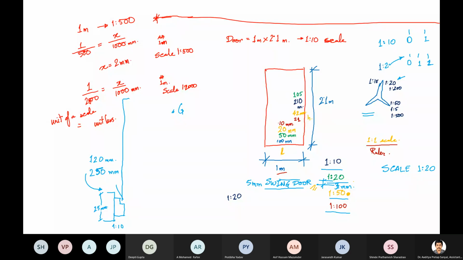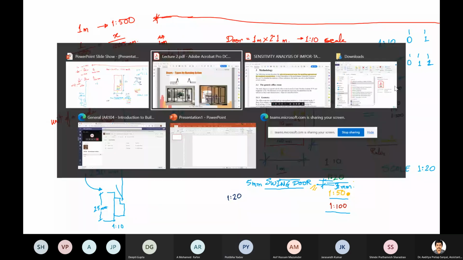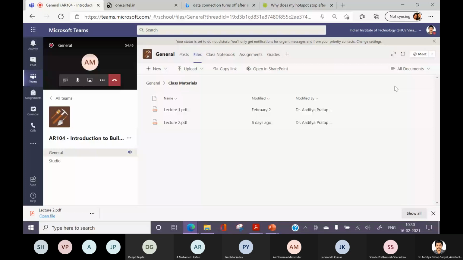When I'm talking about 1:20, this is how it will be. Getting me, students? Pratibha, you understand? Yes, sir. Can we complete the sheet then?